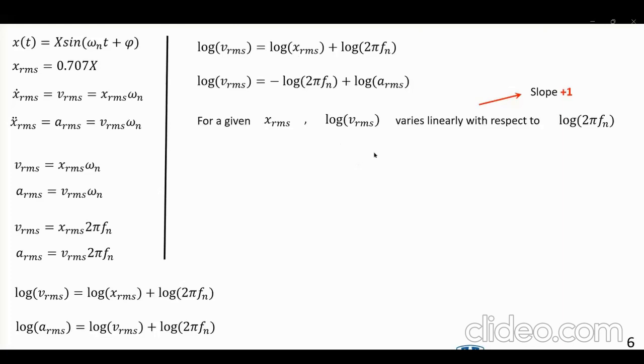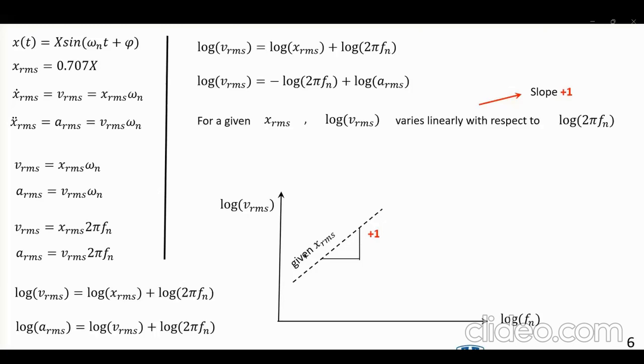In other words, log VRMS varies linearly with log of frequency, with a slope of +1. If you gave me XRMS, a constant number, and I plotted log of V versus log of Fn, yes, I left out the 2 pi because it doesn't do anything, basically, you get a straight line with a slope of +1.